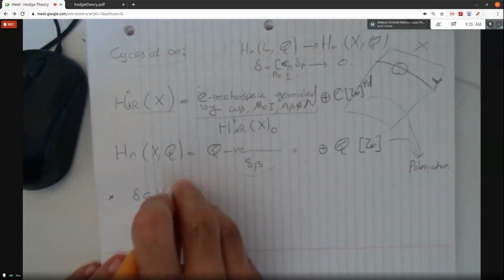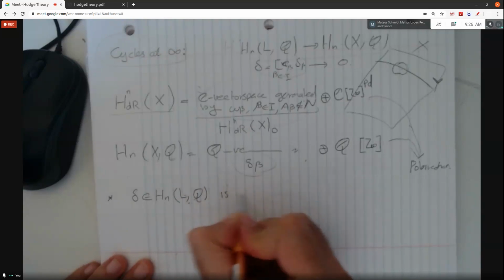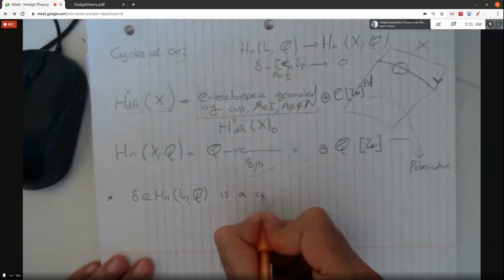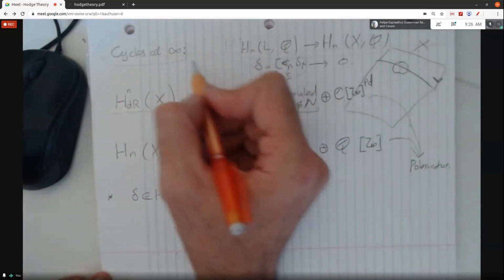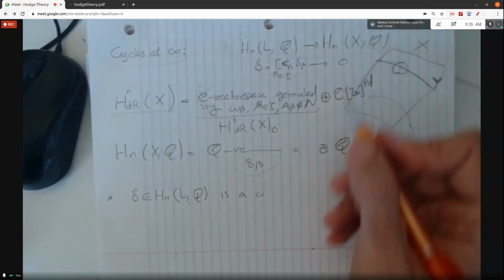So if I start working in the affine, what is a cycle at infinity? It is the one, as I said, the cycle here which goes to zero after compactifying.